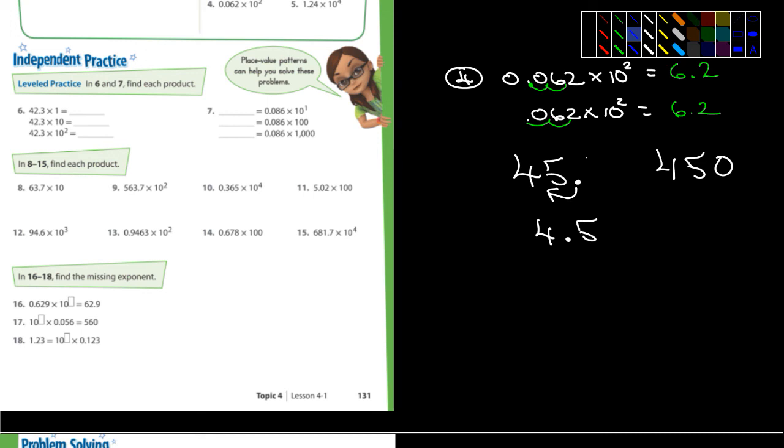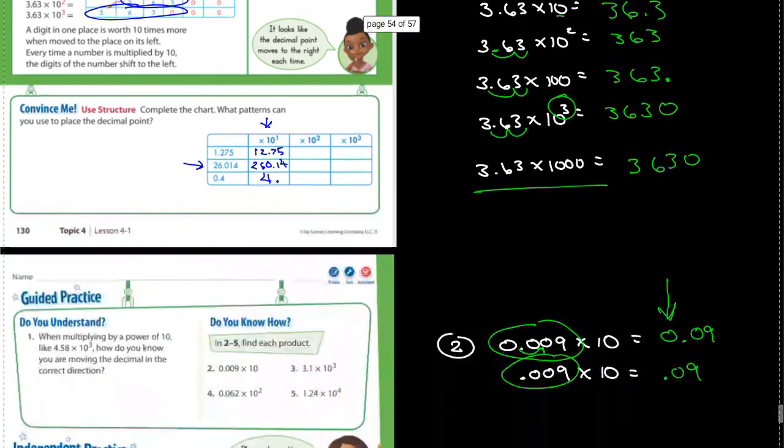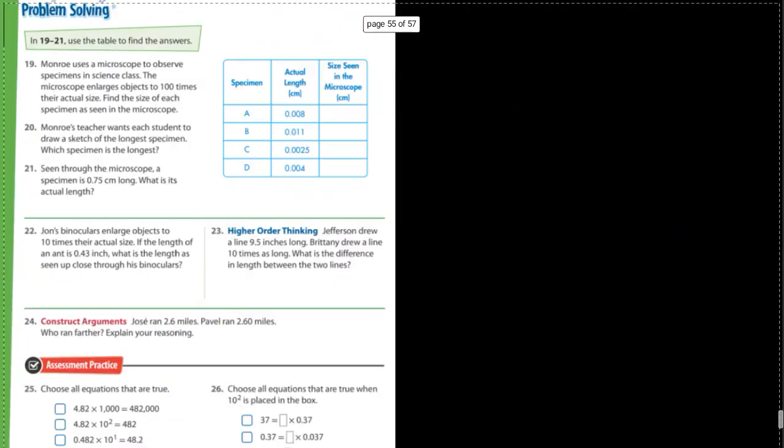So would you ever write a number like 0.86? No, you wouldn't even worry about the 0 in front. You would just put 86. You would never put a 0 in front of a whole number. It doesn't mean anything. Okay? So that'd be 86. All right, and then you guys can do the rest of those on that page. Let's go to the next page, the last page here.